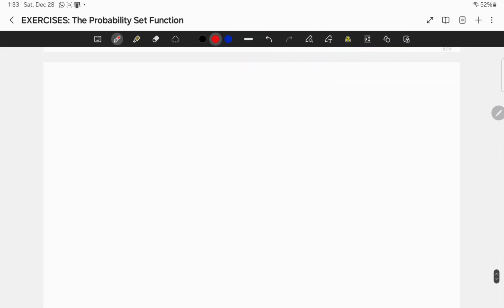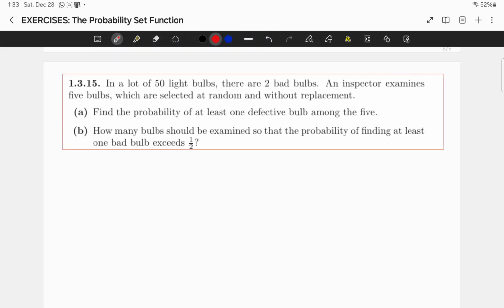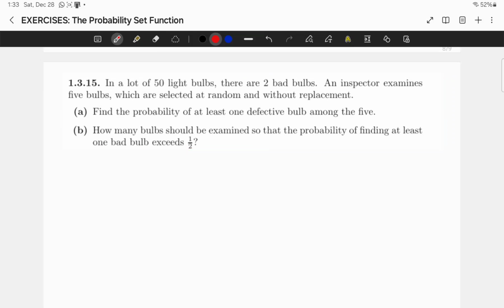The next question, number 15. So here's question number 15. In a lot of 50 light bulbs, there are 2 bad bulbs.